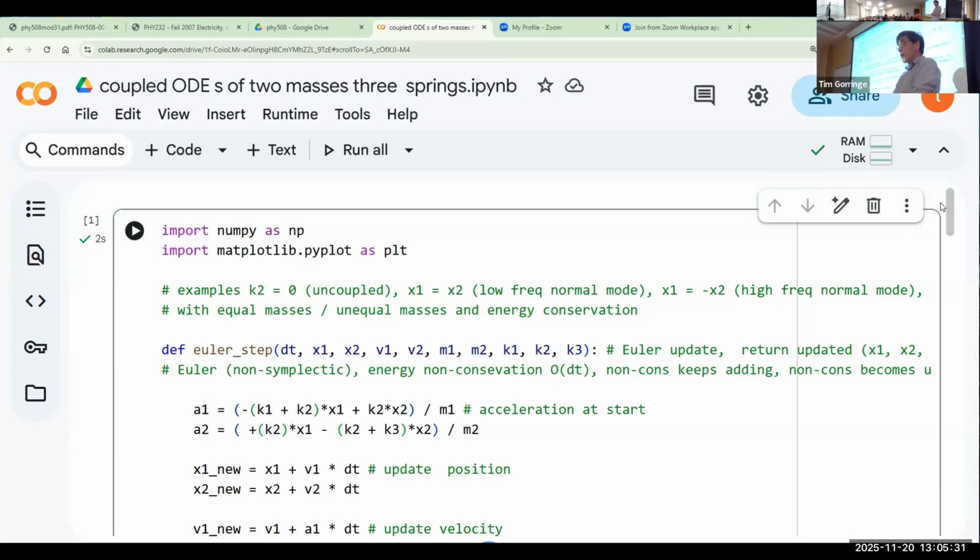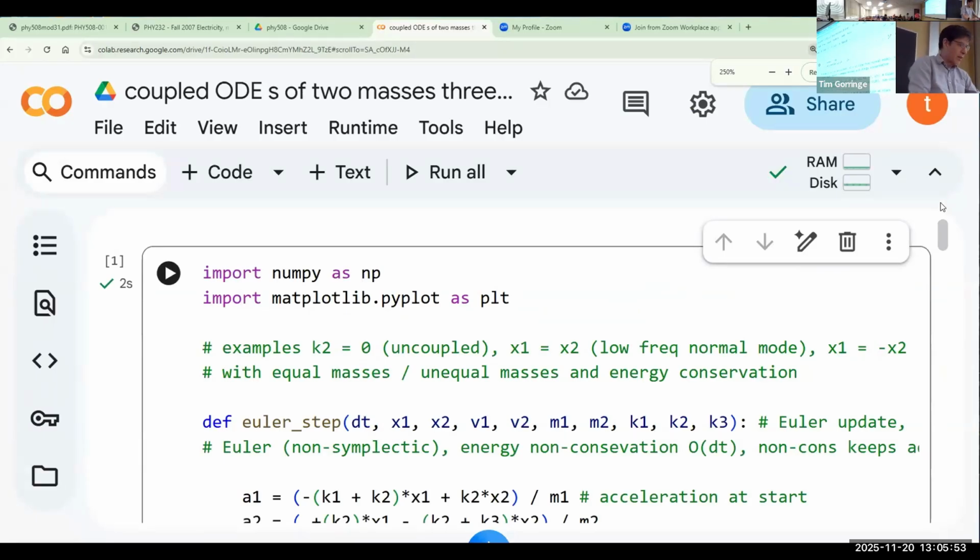In this example, I'm going to use the Euler method. It's one way of solving numerically the coupled differential equations. So I've got a function here, Euler, that takes the positions and velocities of the masses at a current time step, and it's going to propagate them into the future at the next time step.